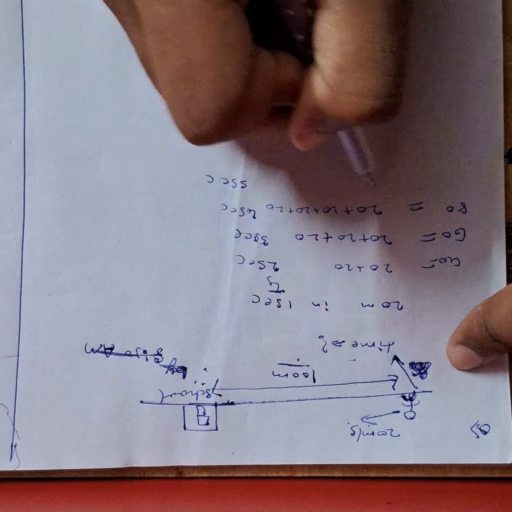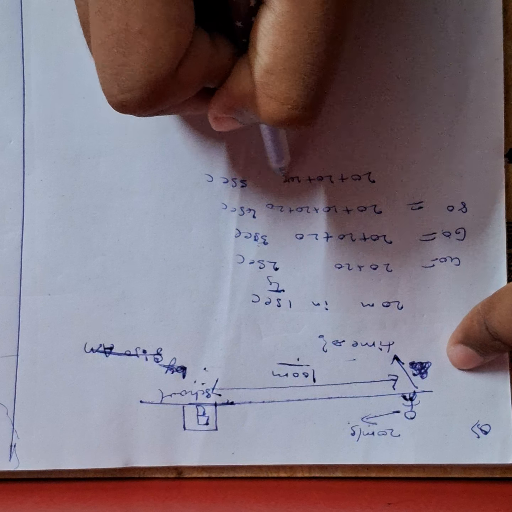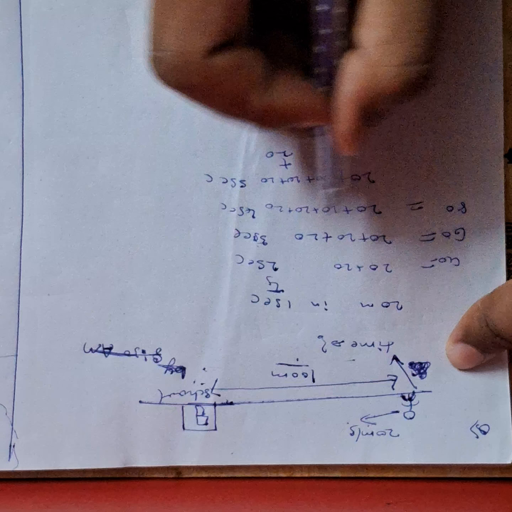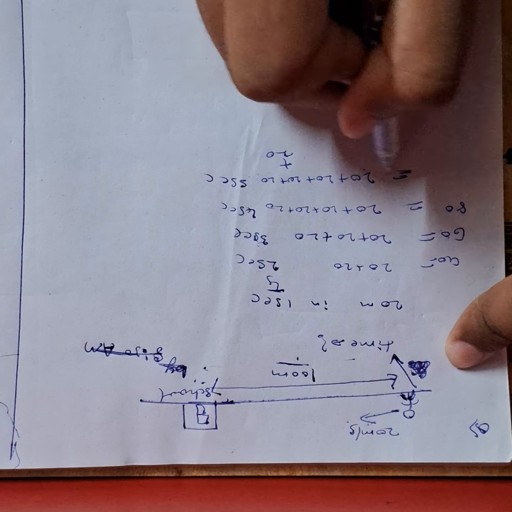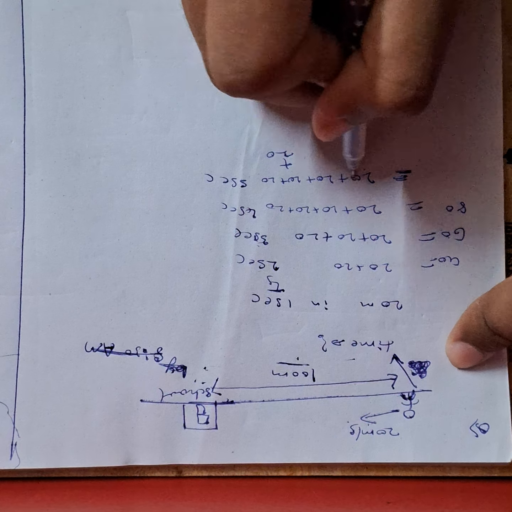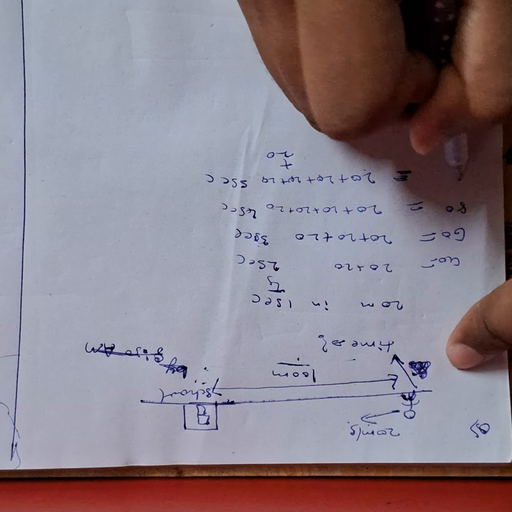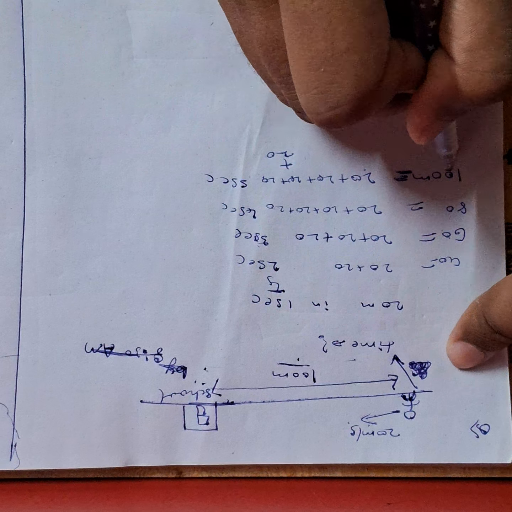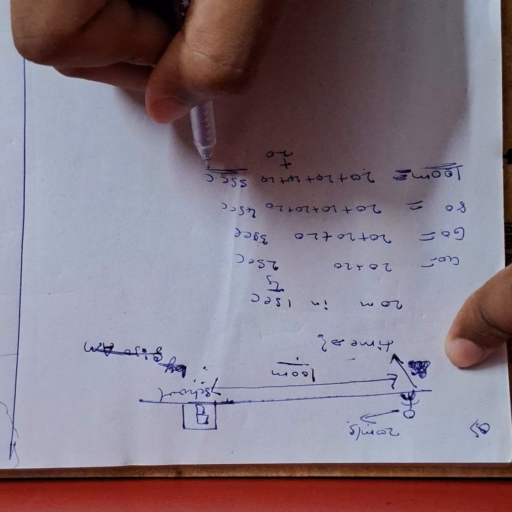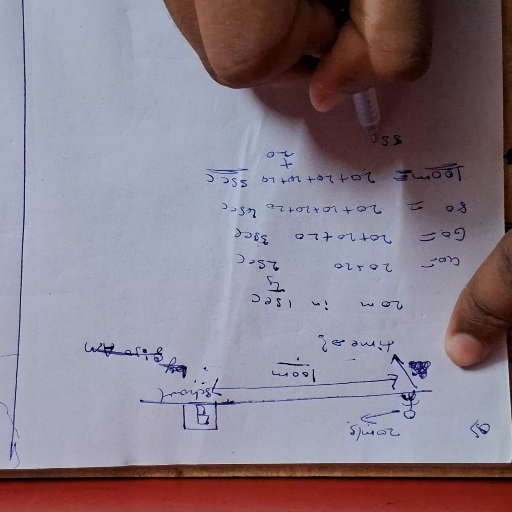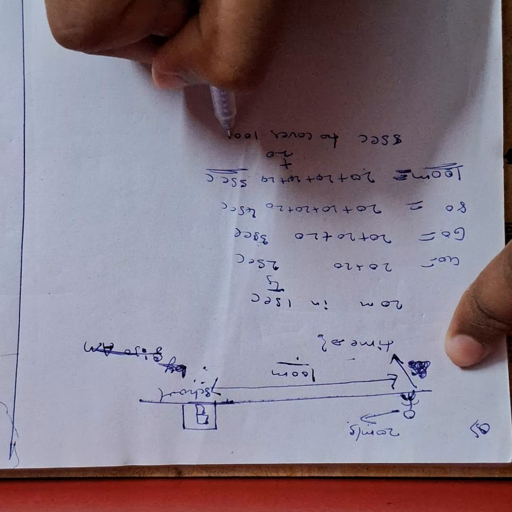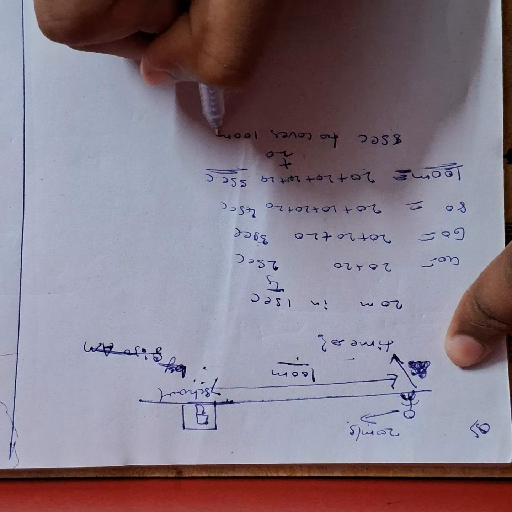In the fifth second, 20 more meters. So how much is the total distance he covered in 5 seconds? 5 into 20, 100 meters. He covered 100 meters in 5 seconds. He needs 5 seconds to reach his school.